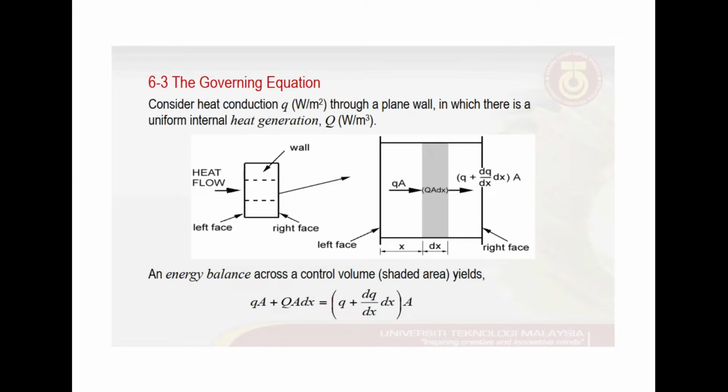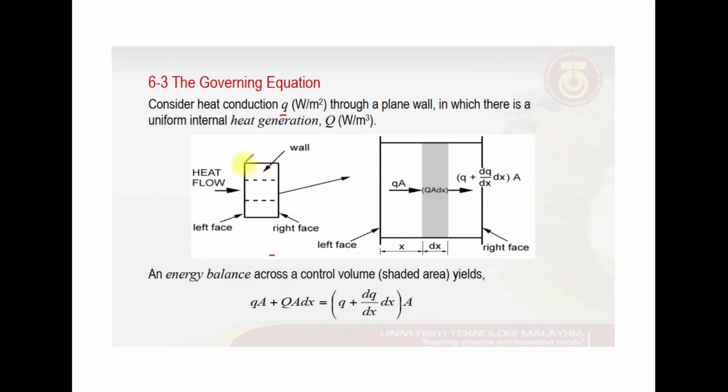Now let me first look at the theoretical part of the heat transfer problem. We start with the governing equations. Consider heat conduction, given by Q, with unit watt per meter squared, through a plane wall as shown in this figure.